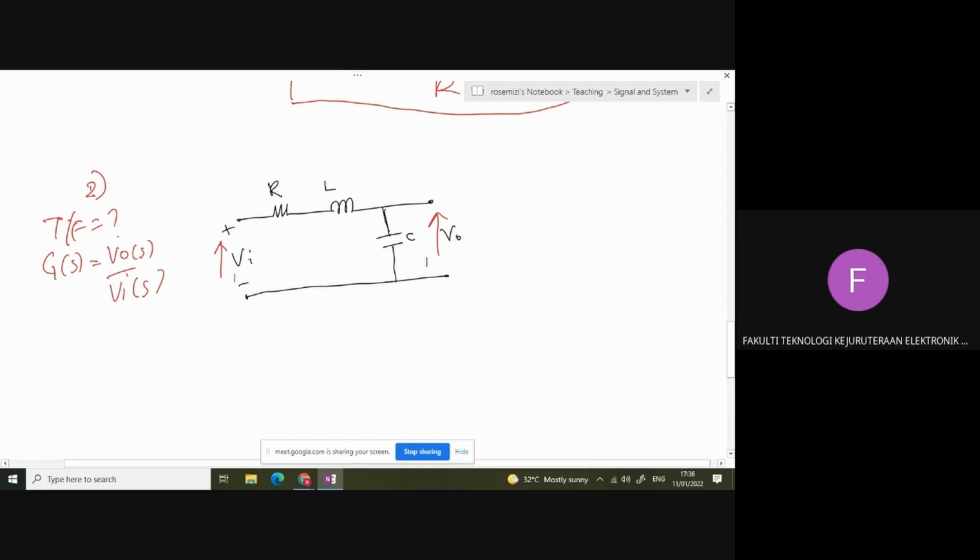So again, we can use KVL here. Kirchhoff's voltage law mentions that the total voltage in a closed loop equals 0. So what kind of voltage do we have here?